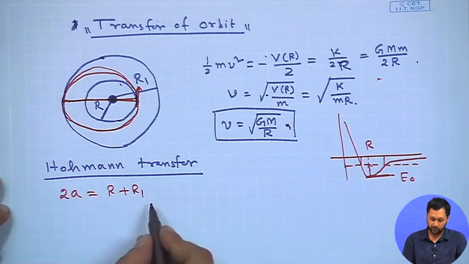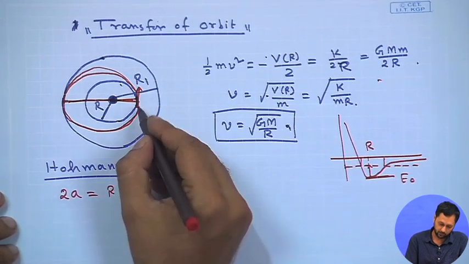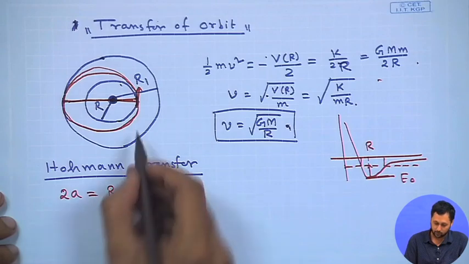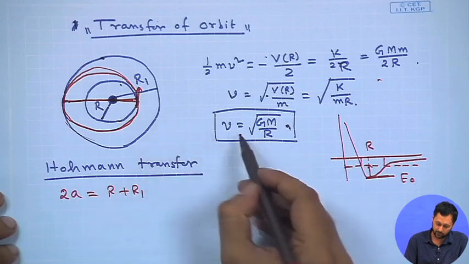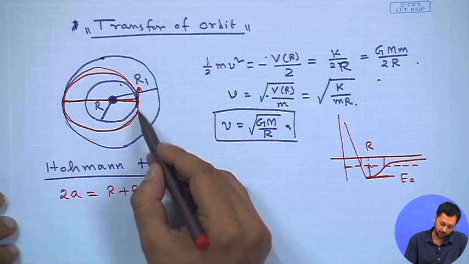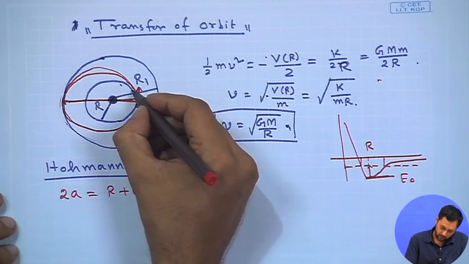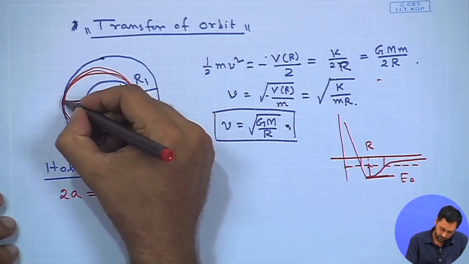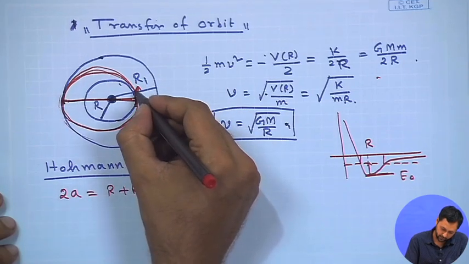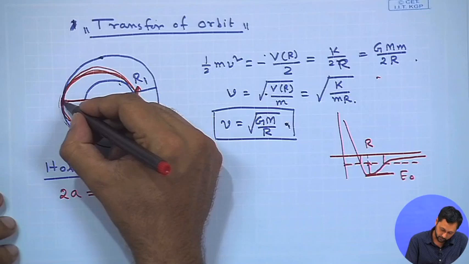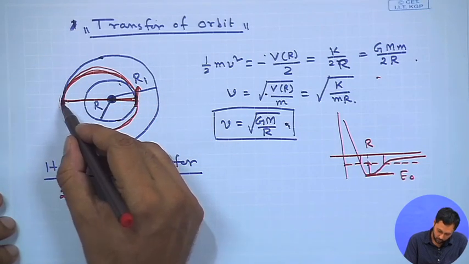So, from here we can always write the total energy of this elliptical orbit, and then calculate the velocity needed, the firing speed needed in order to move to this particular orbit. Now, once the rocket takes this elliptical path and comes to this particular position, a rocket will fire in the opposite direction.